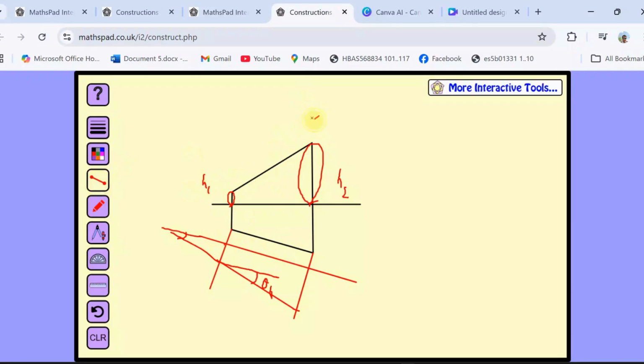Then again you should draw the projection lines. And this time you should transfer this distance, this distance, this distance from here to here, and this distance from here to here. And then you should join.